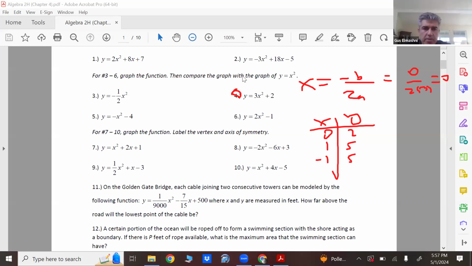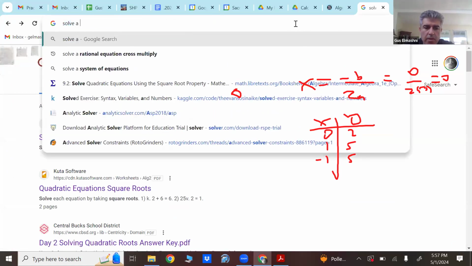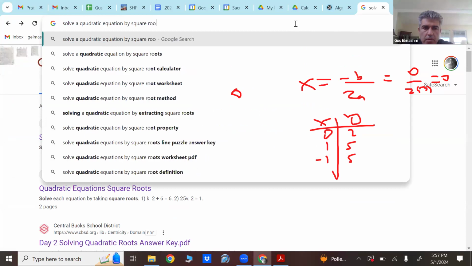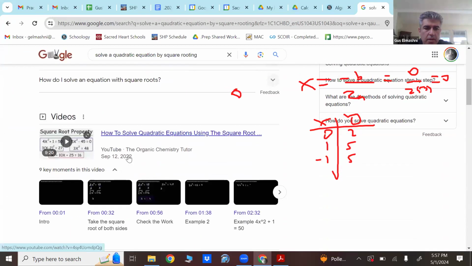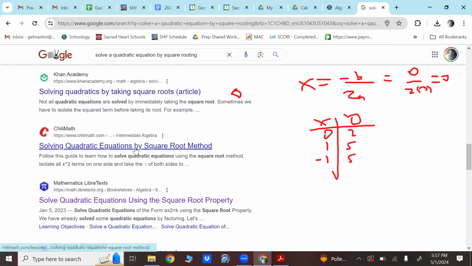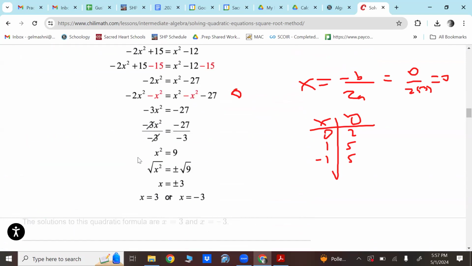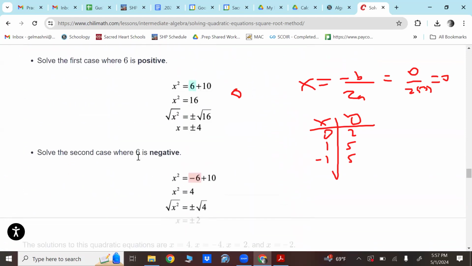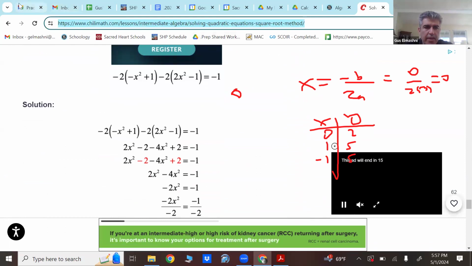So I think what would make the most sense to help you for today. I'm really surprised I didn't see it when I searched: solve a quadratic equation by square rooting. I think this link is good. Let me email you that link. I like this link actually.